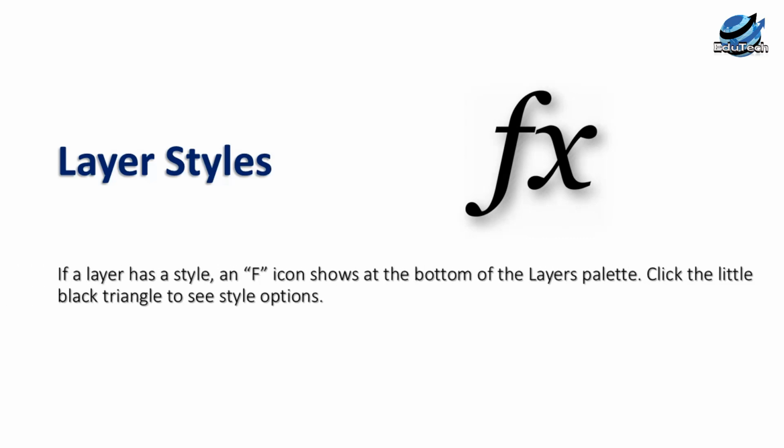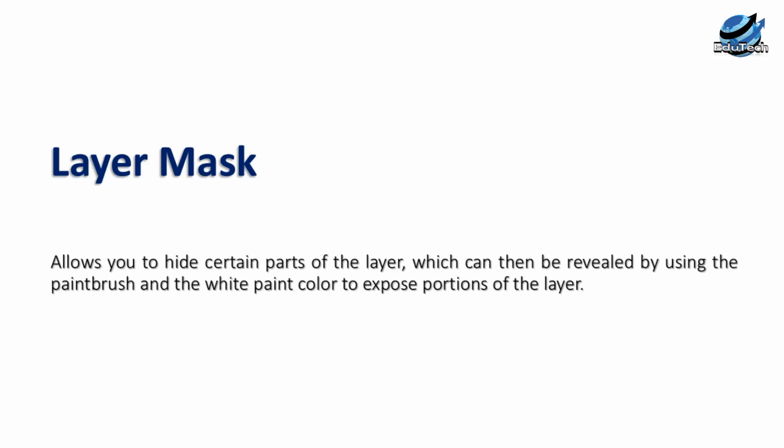If a layer has a style, an F icon shows at the bottom of the Layers palette. Click the little black triangle to see style options. Layer mask. Allows you to hide certain parts of the layer, which can then be revealed by using the paintbrush and the white paint color to expose portions of the layer.